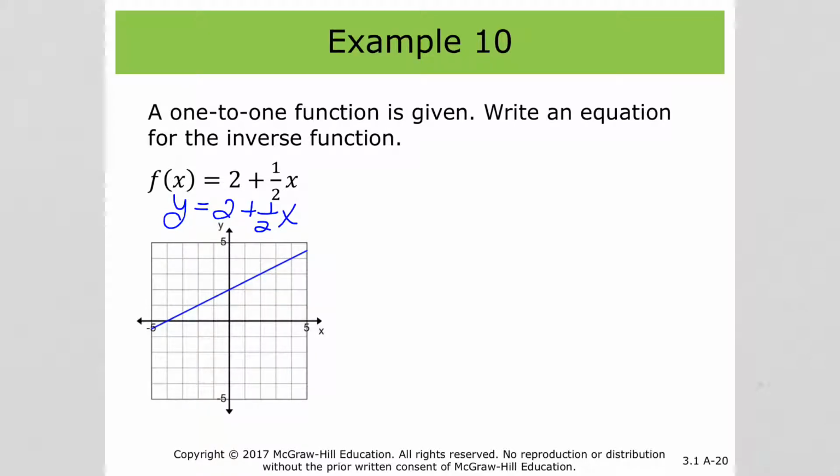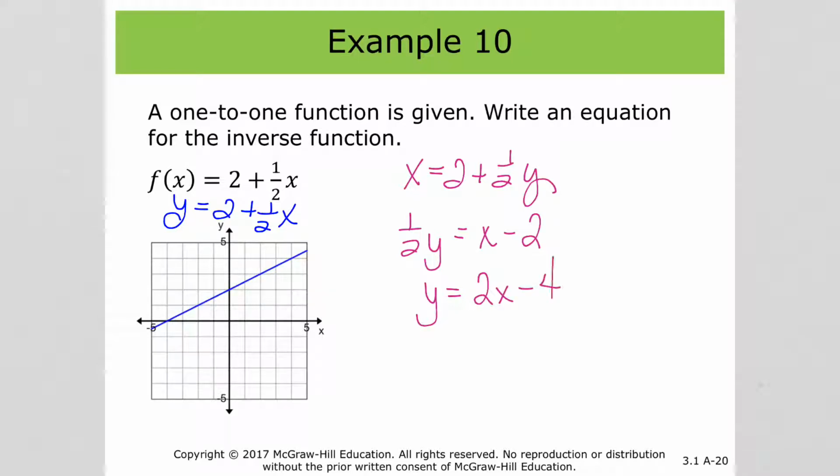Okay, so to find the inverse, we switch x and y, because we said a little while ago that we are symmetric to the line y equals x, and so for every x that's equal to y, y is equal to x. So we just switch. So we say x equals 2 plus 1/2 y, and we solve it for y. So 1/2 y, subtract 2 from both sides, is x minus 2, and then multiply everything by 2. 2x minus 4 is our inverse function.